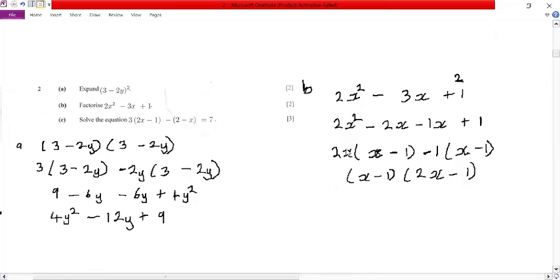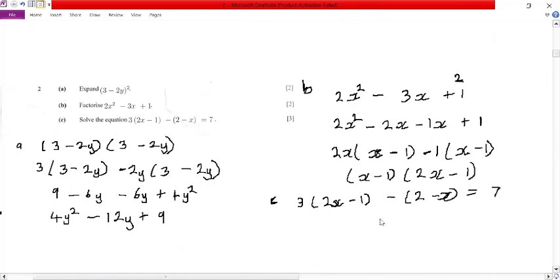Then our last question, which is part C, it's an equation. So we are given 3 open bracket 2x minus 1, minus open bracket 2 minus x, equals 7.